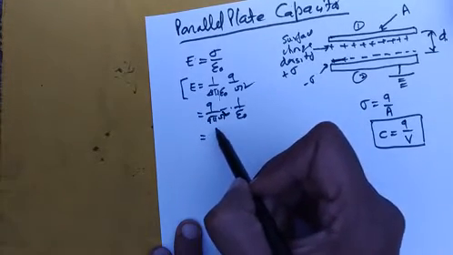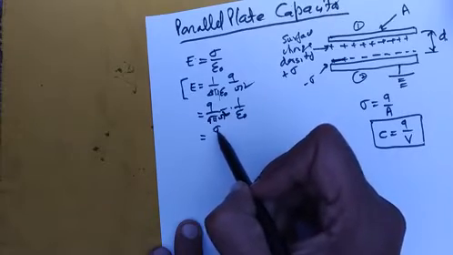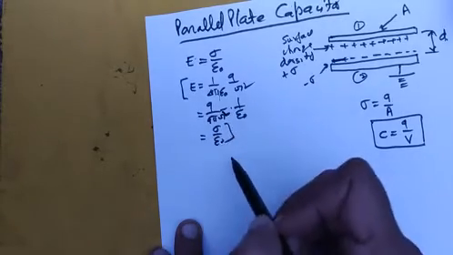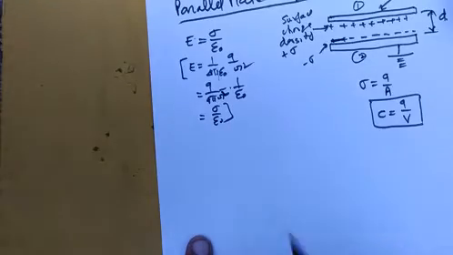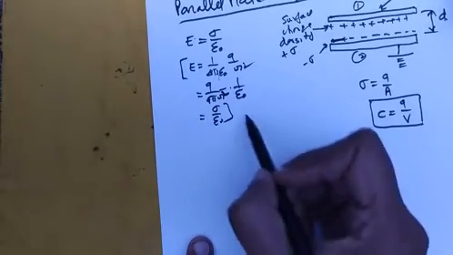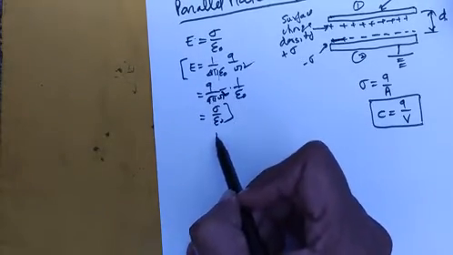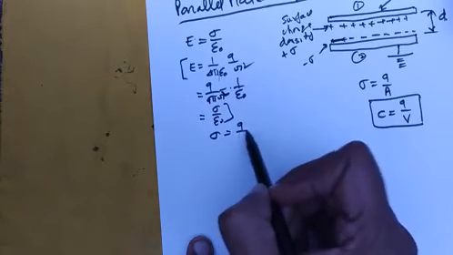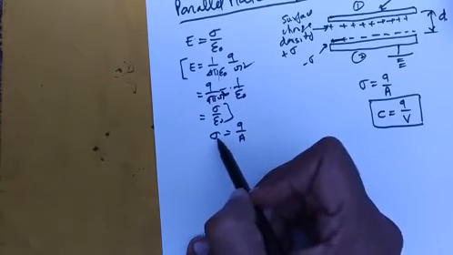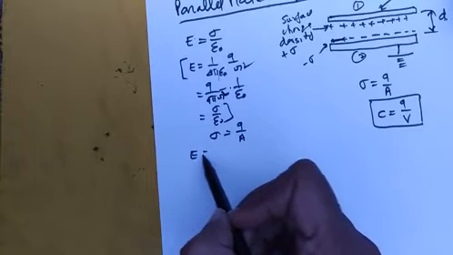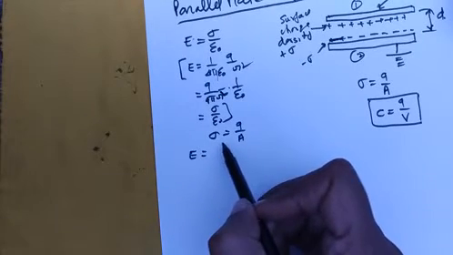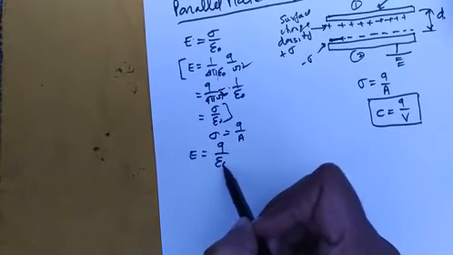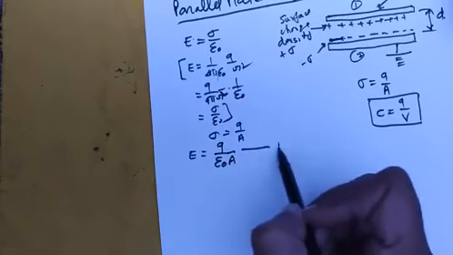So this is going to be sigma by epsilon naught. Okay. Now, because sigma is equal to Q by A, putting this value of sigma over here, E will be equal to Q by epsilon naught A. Let it be equation number 1.